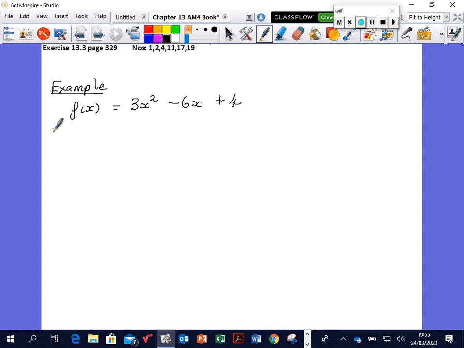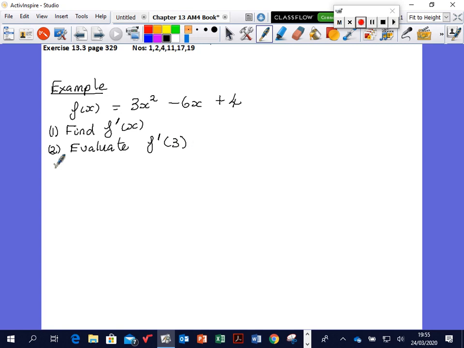And there's going to be two parts to this question. Part 1, find f dashed x, and then part 2, evaluate f dashed 3.